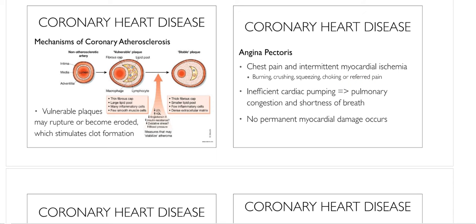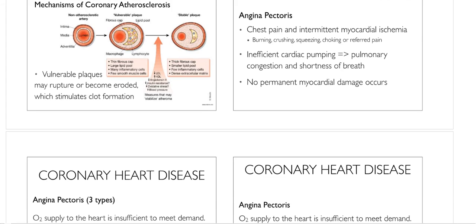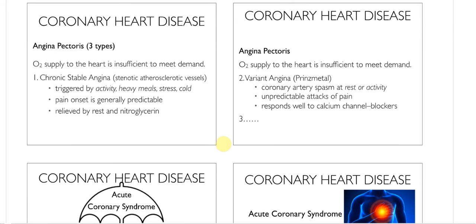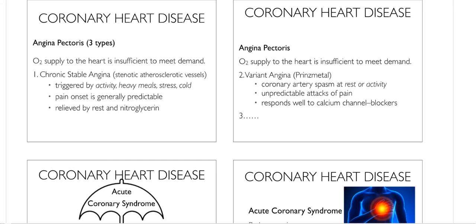Angina pectoris can also come from inefficient cardiac pumping, leading to pulmonary congestion and shortness of breath. Normally, with regular angina, there's no permanent myocardial damage that occurs, but there's a bit of an exception there. So generally, there are three kinds of anginas.